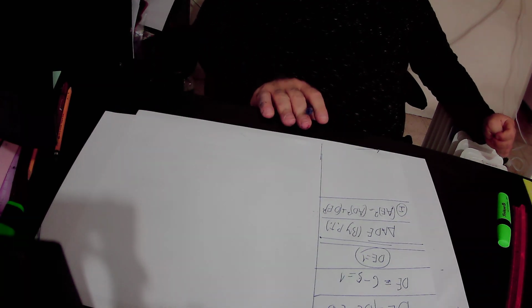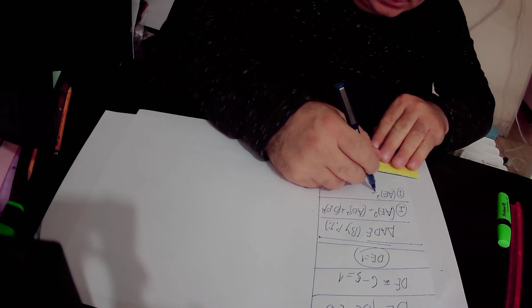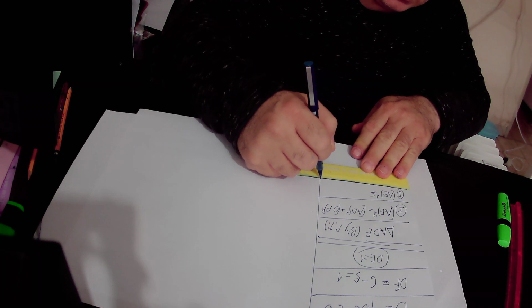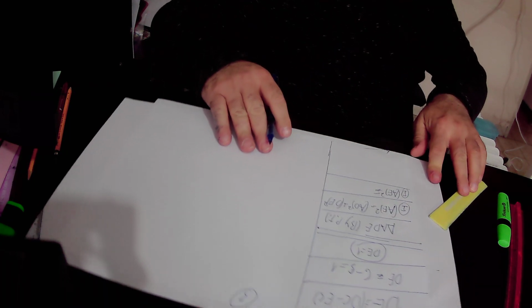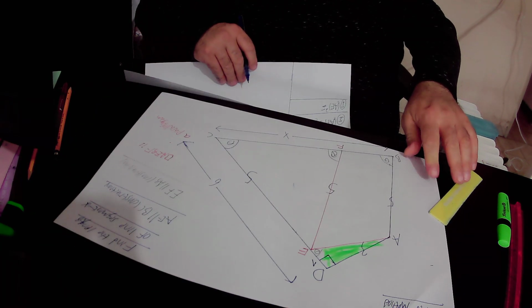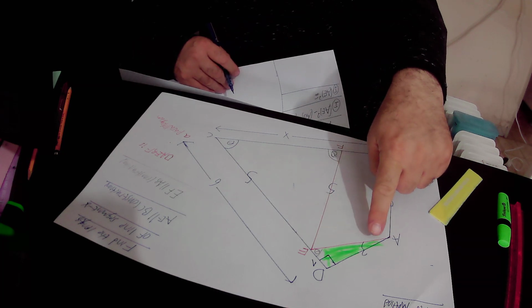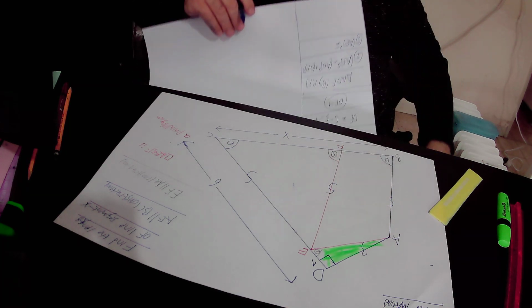So AE squared, according to equation number 1, equals AD squared. AD equals 3 units, so AD squared is 3 squared, that is 9.